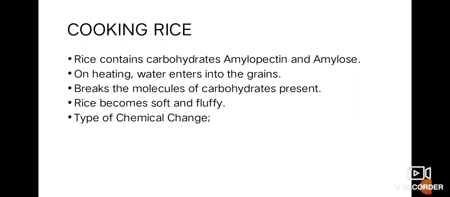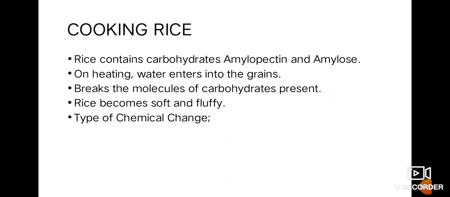Now, when you move across to cooking rice, we know that rice contains two carbohydrates, amylose and amylopectin. When you heat the rice grains in water, very slowly water will enter the grains. As water enters the grains, along with heat, both the carbohydrates will be broken down.